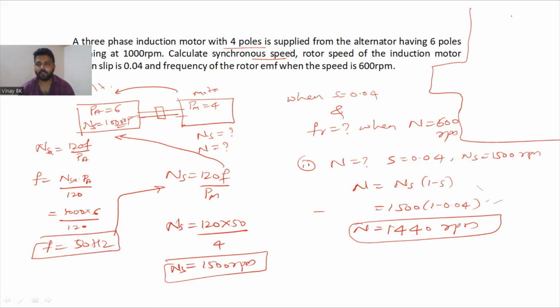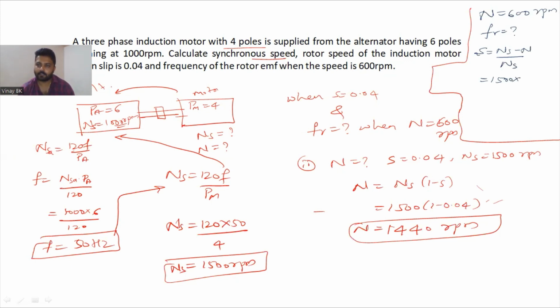For N equals 600 rpm, the frequency of rotor current is given by Fr equals S into F, but you don't know S. To find S, they have given N. S is given by Ns minus N divided by Ns, where Ns you already know, it won't change.